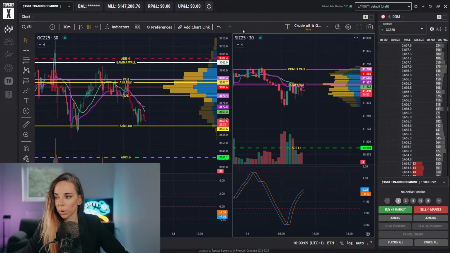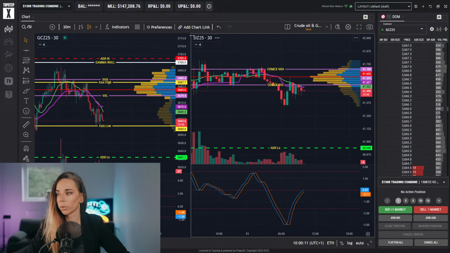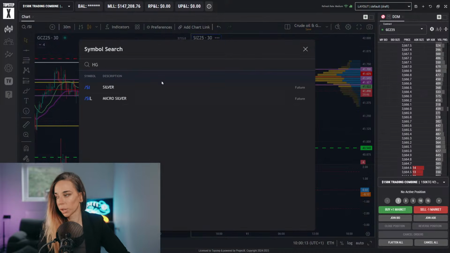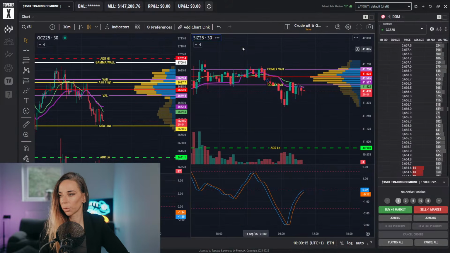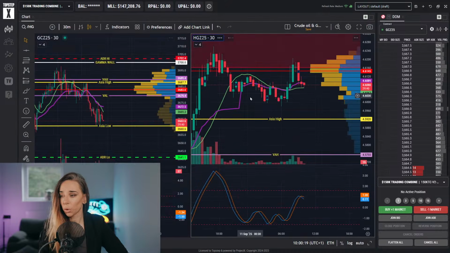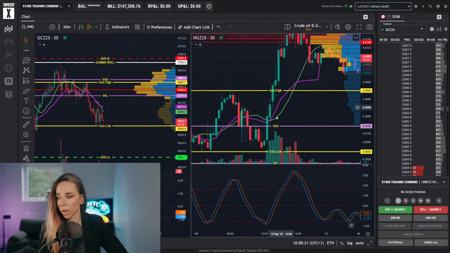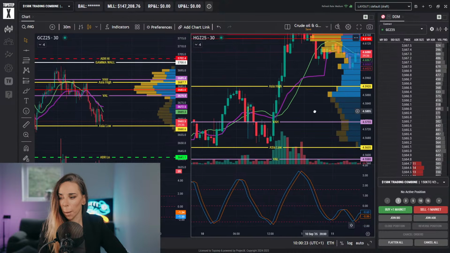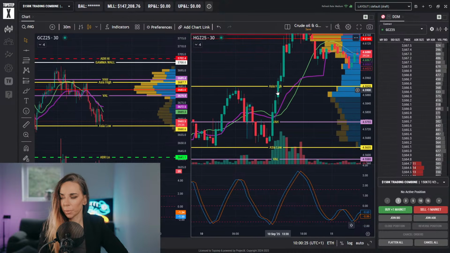Let's now have a look at copper, which is very likely to be super reactive today. We saw a nice move yesterday. I managed to catch 53 ticks after CPI. I caught it once we started breaking through this old Asia high.